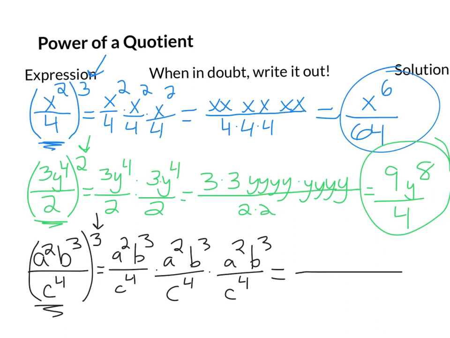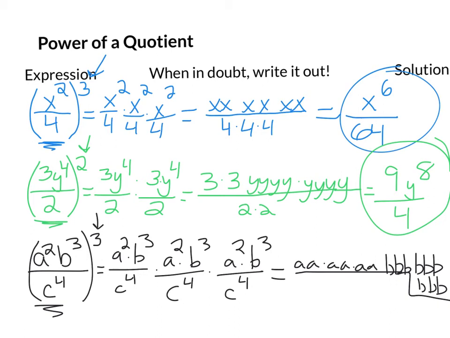All right, and I can group them together. So I've got a squared, and then another a squared, and another a squared. b to the third, 1, 2, 3, 1, 2, 3. Oh gosh, I'm going to run out of room. That's okay. We'll improvise here.